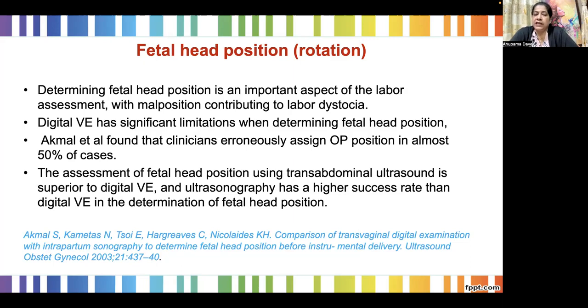Ackwell et al. found that clinicians erroneously assign occipito-posterior position in almost 50% of cases. The assessment of fetal head position using transabdominal ultrasound is superior to digital vaginal examination, and ultrasonography has higher success rate than digital vaginal examination in determining the fetal head position. This is the only parameter which is done through a transabdominal scan.